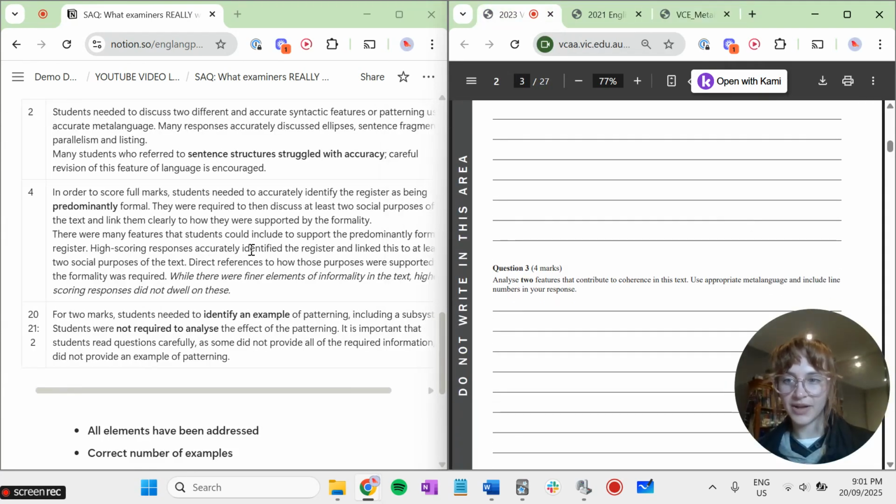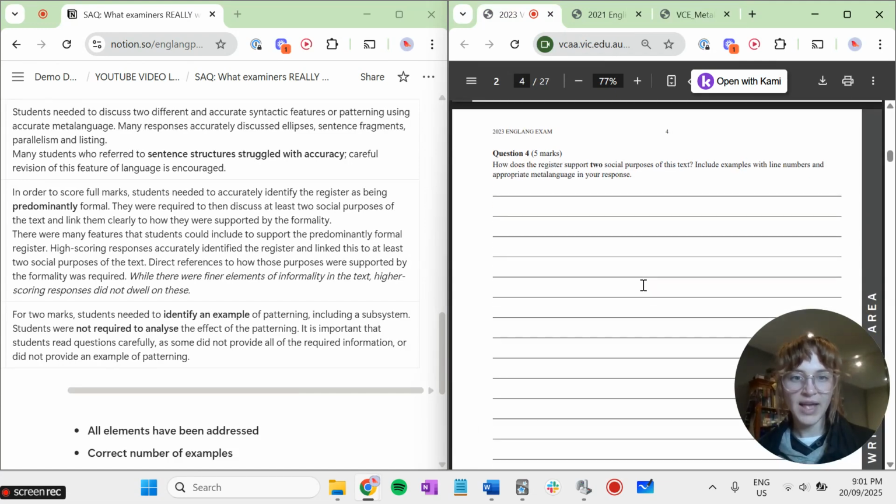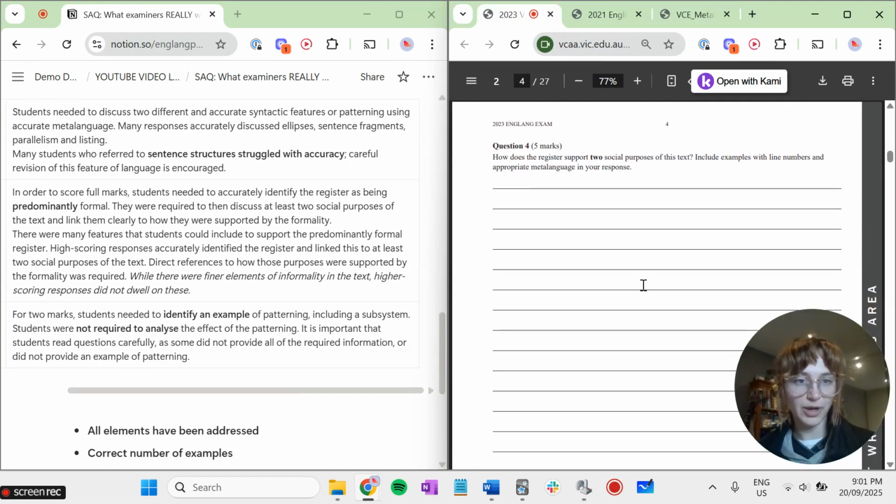Question number 4. How does the register support 2 social purposes of this text? Include examples with line numbers and appropriate language. So students needed to accurately identify the register as being predominantly formal. This is important as well, that you don't get caught up in formal, informal extremes.